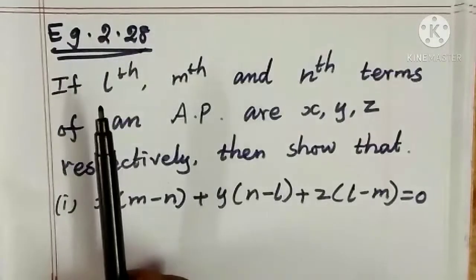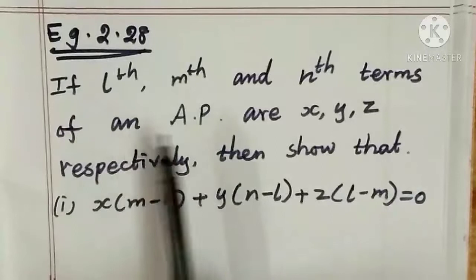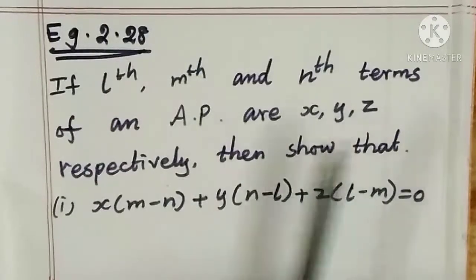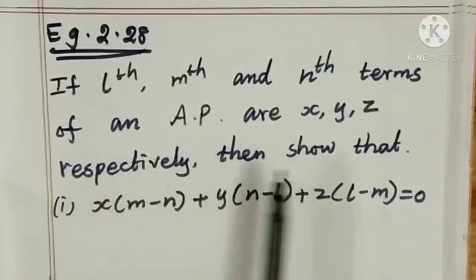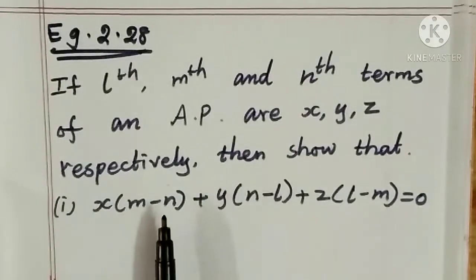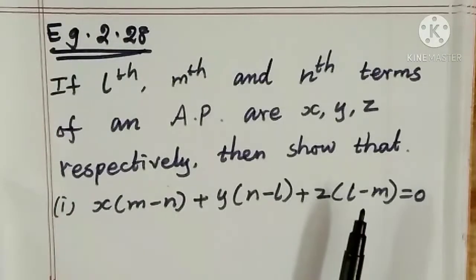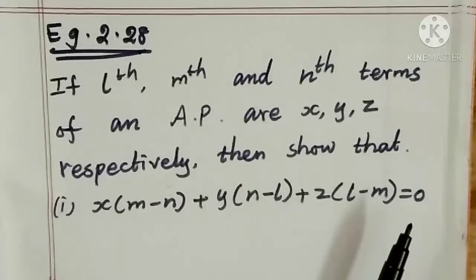2.28. See the question. If the Lth, mth and nth terms of an AP are x, y, z respectively, then show that x into (m minus n) plus y into (n minus L) plus z into (L minus m) is equal to 0.